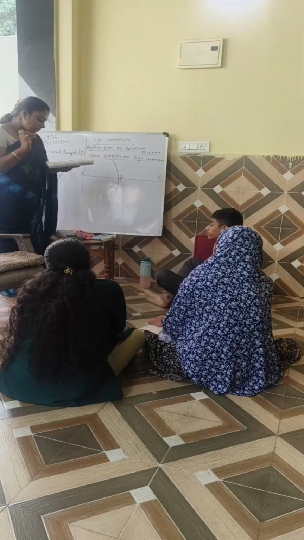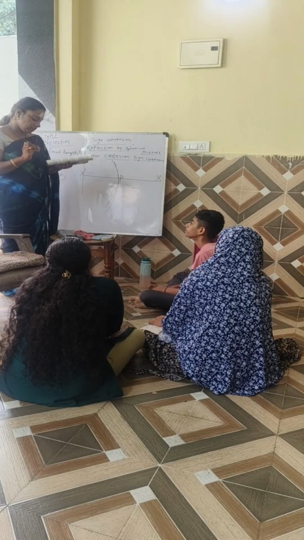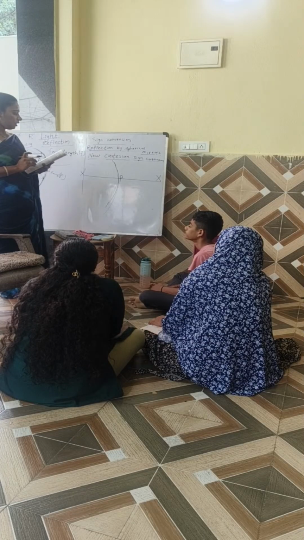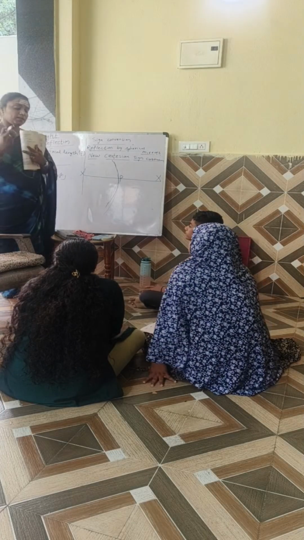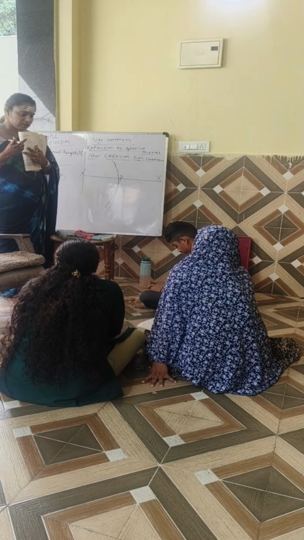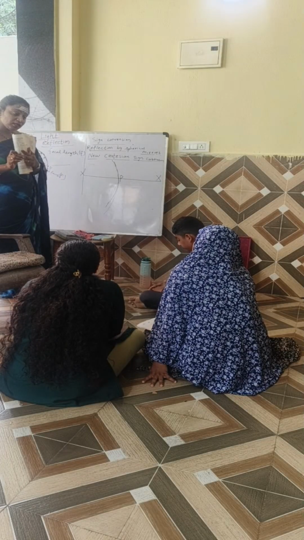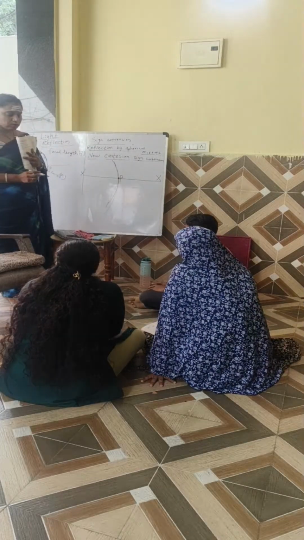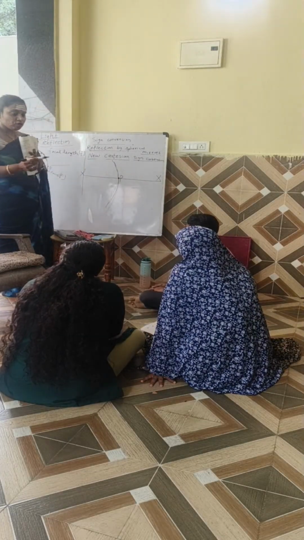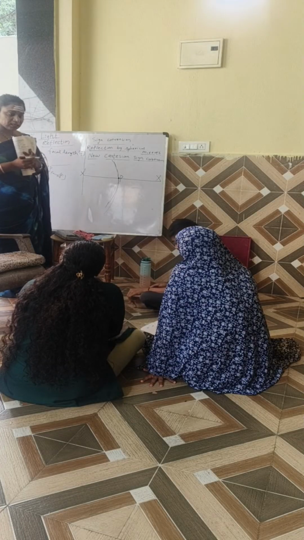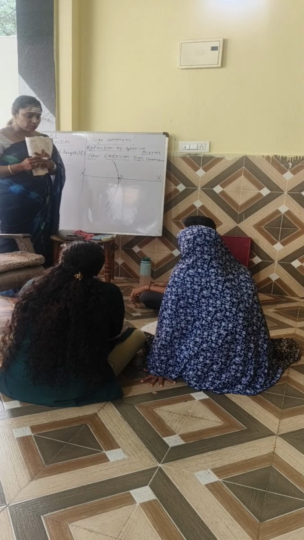All distances parallel to the principal axis are measured from the pole of the mirror. For image formation, distance, focal length, center of curvature, radius, all these measurements we will take from the pole only.